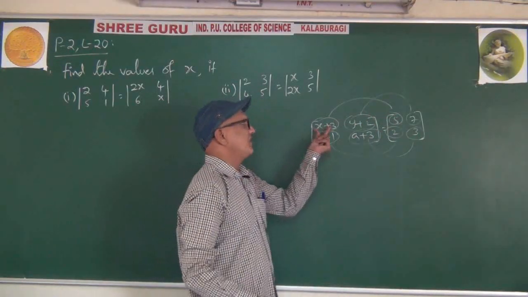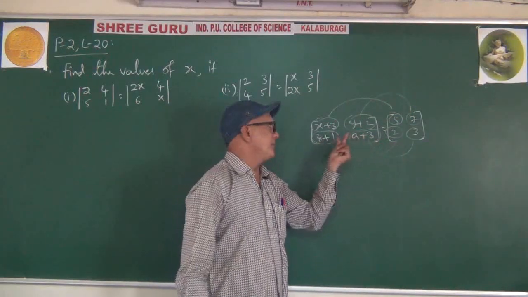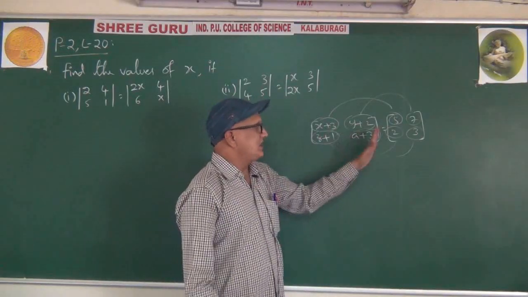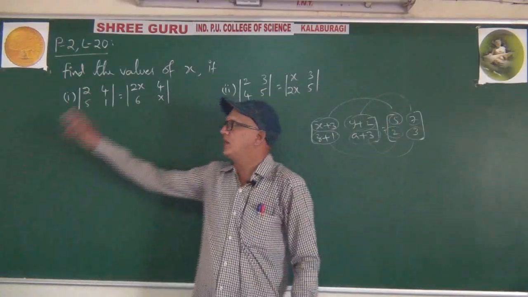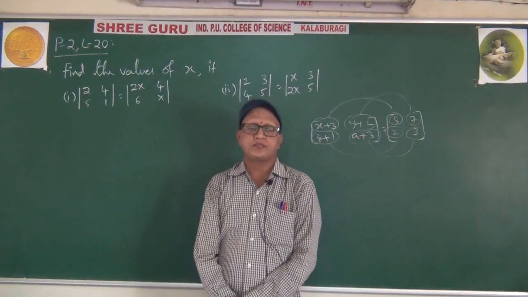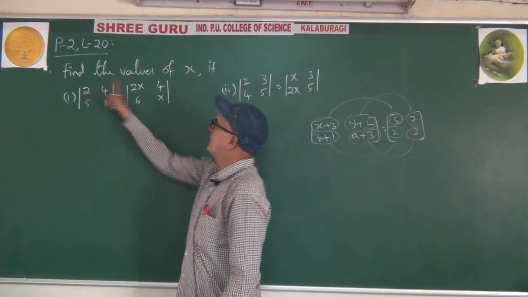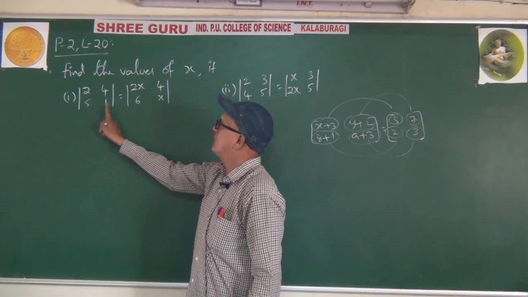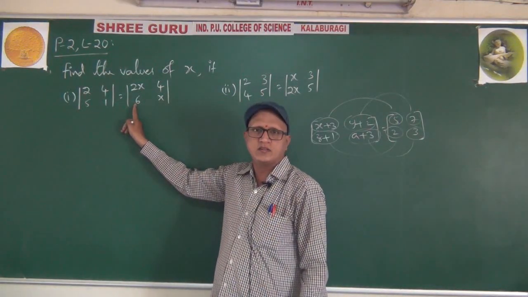Corresponding elements means A11 with A11, A12 with A12, A21 with A21, A22 with A22. Right? This equality of matrices concept is only for matrices but not for determinants. In determinants, if we equate this one to this one, 5 equal to 6?